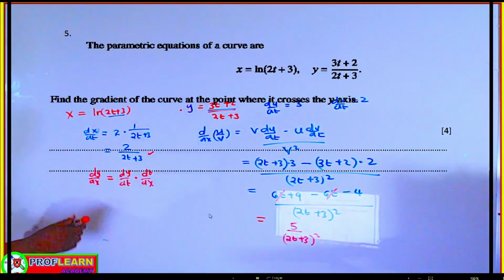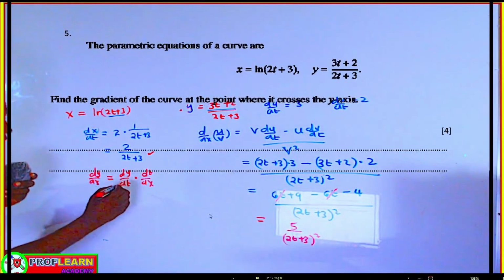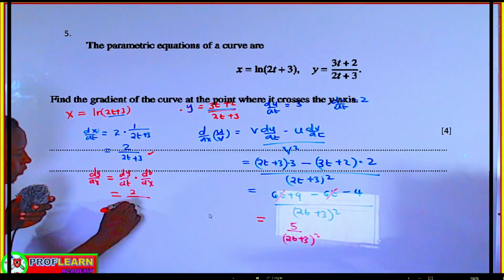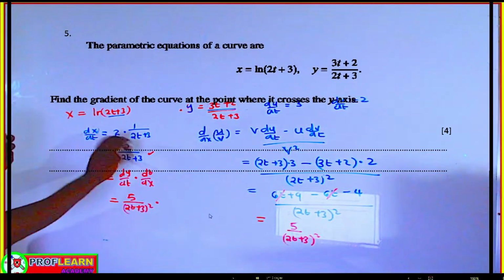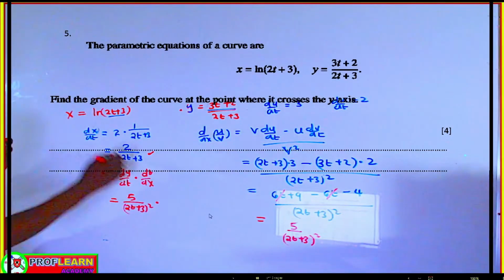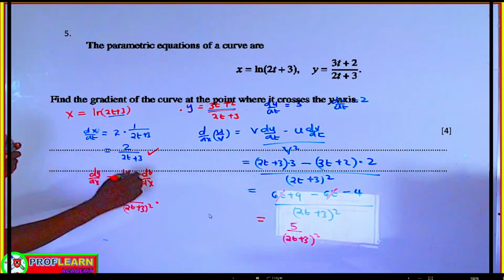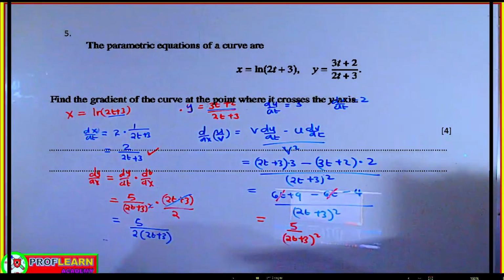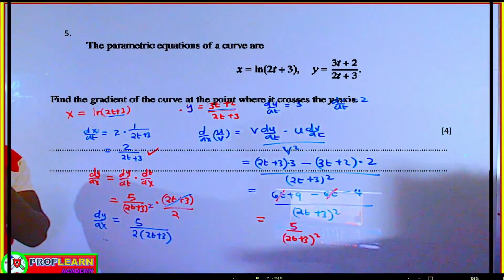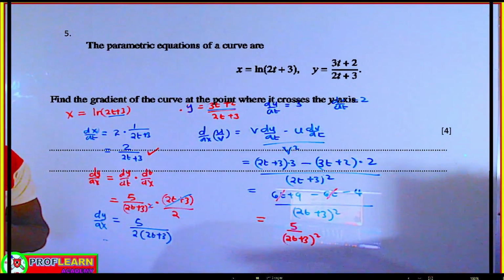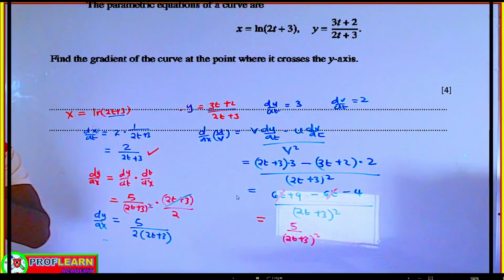So we have our dy dt, which is 5 over (2t plus 3) squared, times the reciprocal of dx dt, so dt dx will be the reciprocal, which is (2t plus 3) over 2. With this expression we have our dy dx, but the question states: find the gradient of the curve at the point where it crosses the y-axis.